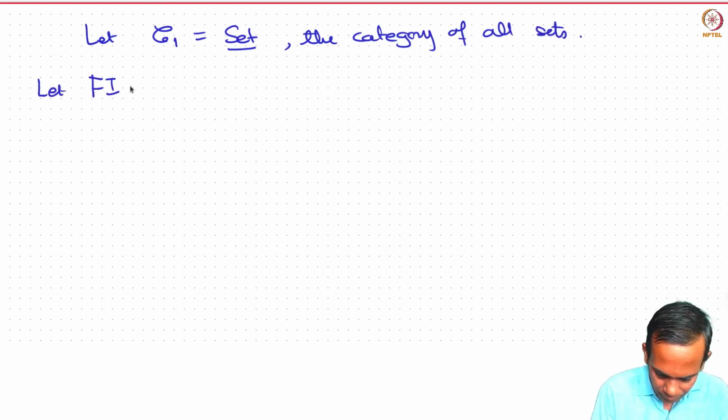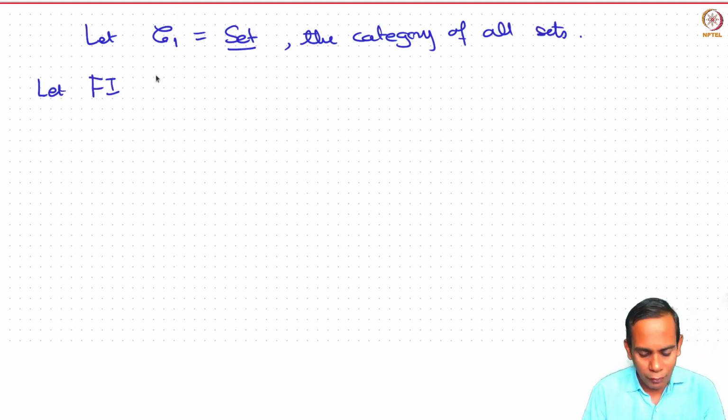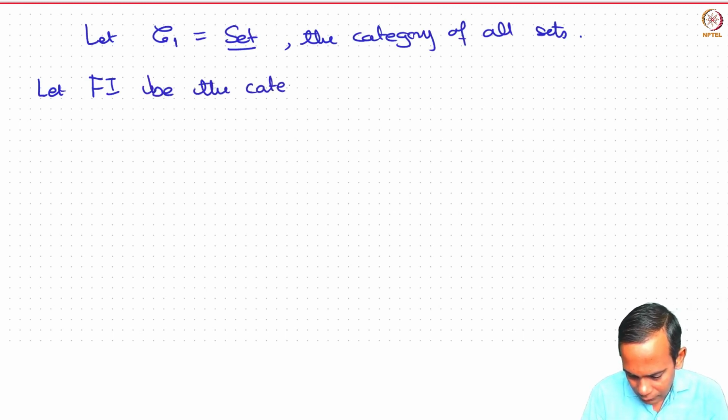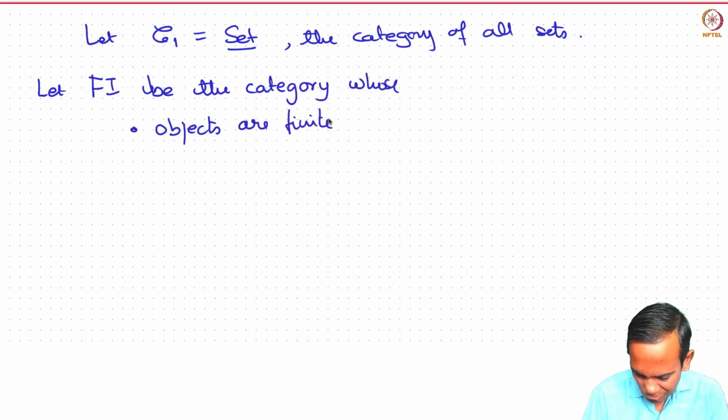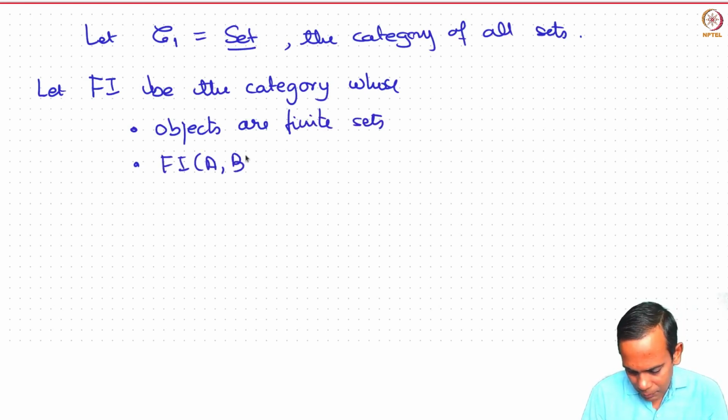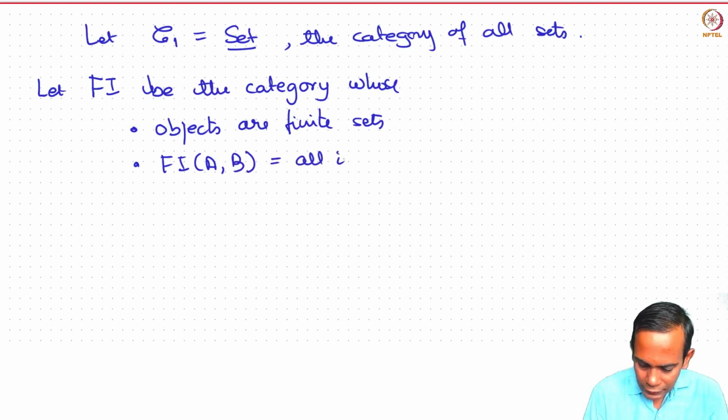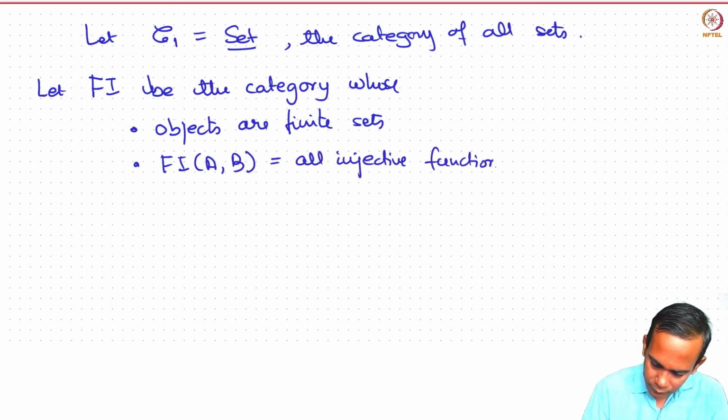Fi, short for finite injective, is the category whose objects are finite sets, and arrows Fi(A, B) are all injective functions from A to B.